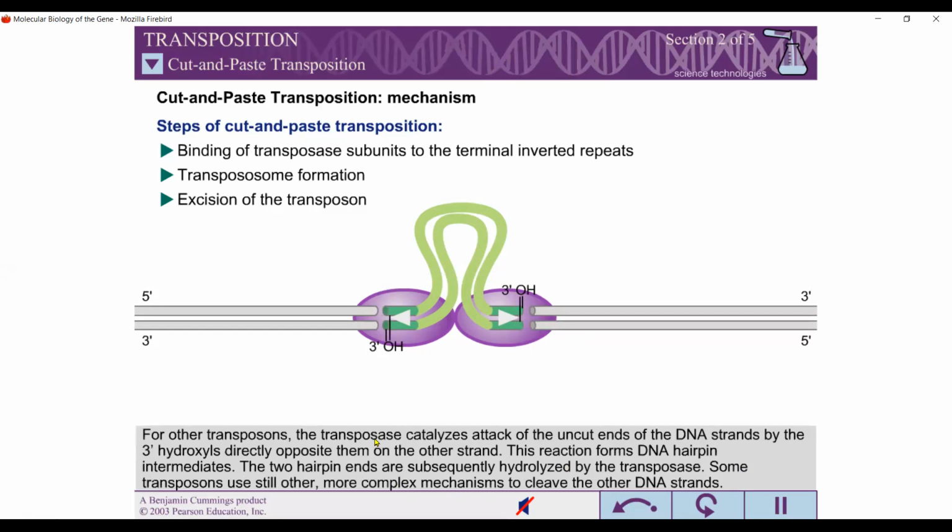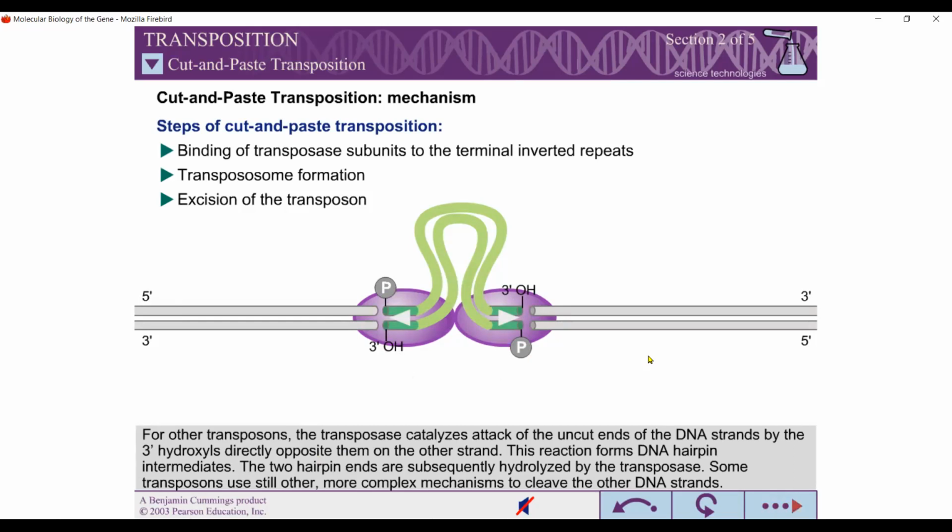In some cases, the transposase catalyzes attack of the uncut end of the DNA strands by the 3' hydroxyl group directly opposite to them. Anyway, in whichever way the cut is done, you see that the two ends join to form the DNA hairpin.